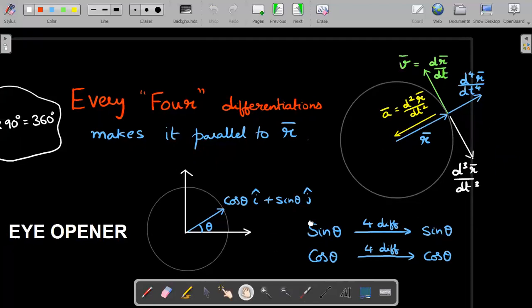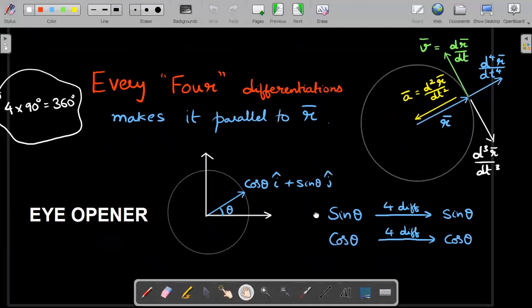So that's the eye opener, which you can even see in the trigonometry, right? That is always staring in our face, right? So why is this happening from a trigonometric point of view? Any unit vector in the direction of r bar can be written in the Cartesian system as cos theta i cap plus sin theta j cap. And even in trigonometry, we all see that this is not valid with every function like tan or cot, but for sine or cos, 4 times differentiation gives you back sine.